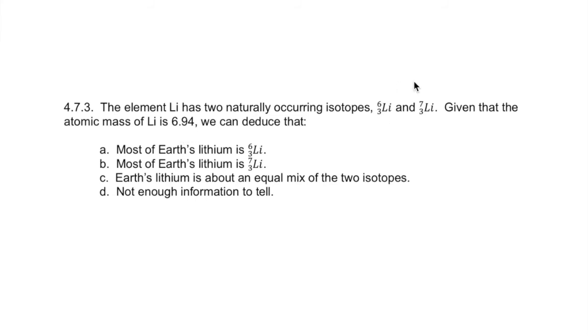So if you have 2 possible scores on homeworks, 6s and 7s, and your average on homework is 6.94, then that would mean that mostly you've been getting 7s because your average is closer to 7 than it is to 6. So we can deduce that most of Earth's lithium is lithium-7 because the average mass is very close to 7.